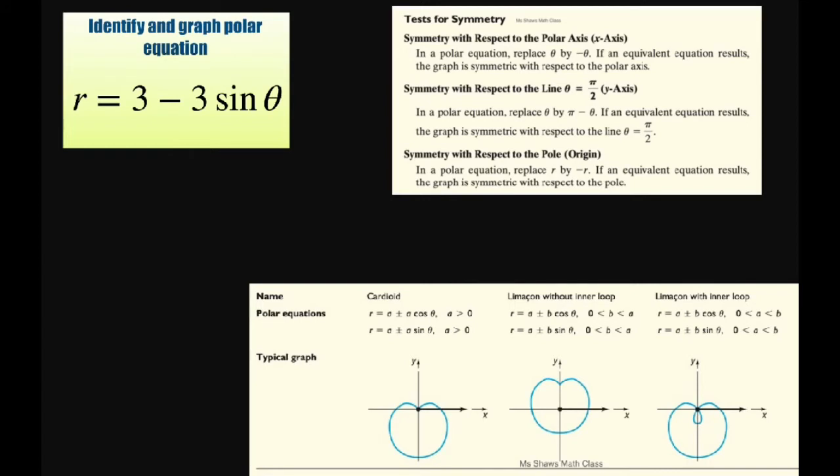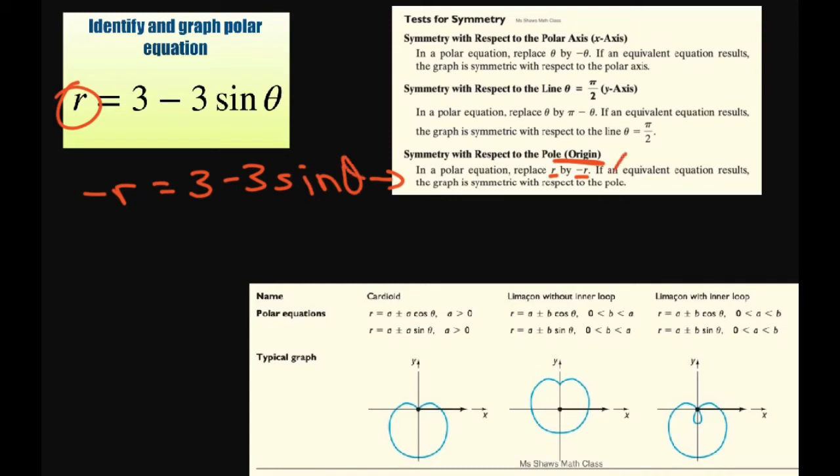Now for the last test, this one's the easiest. You're going to replace r with negative r to see if you get the same equation. If it is, it's going to be symmetric to the pole or the origin. If this is not squared, then it's going to be no, because you're going to have negative r equals 3 minus 3 sine of theta.